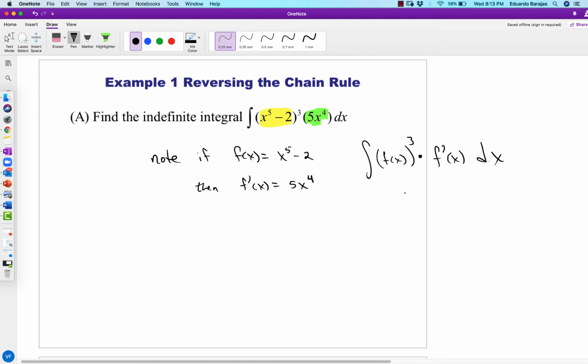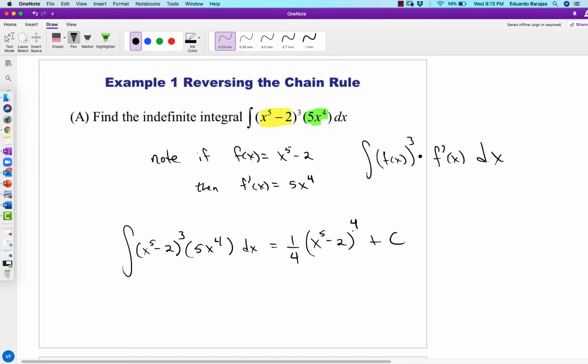And so the pattern tells me that the answer is going to be the integral of x to the 5th minus 2 to the power of 3 times 5x to the power of 4 dx is equal to x to the power of 5 minus 2 raised to the power of 4, and then there's a 1 over 4 out here, plus a constant.